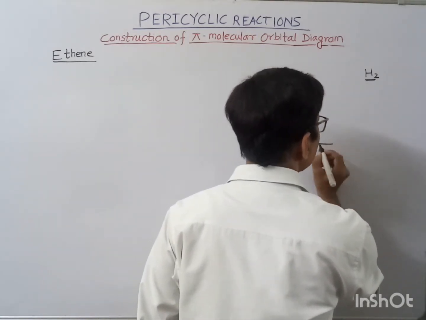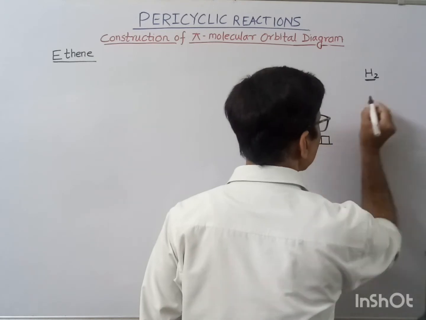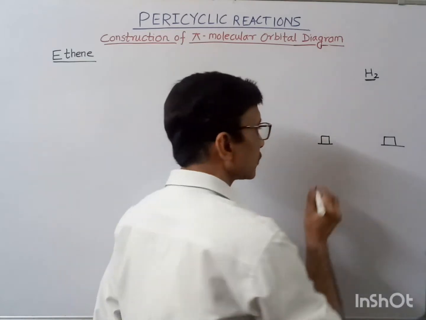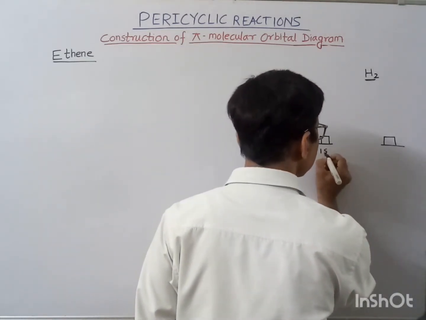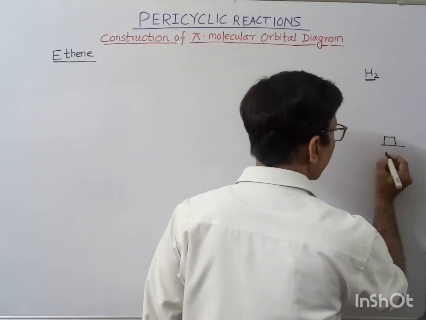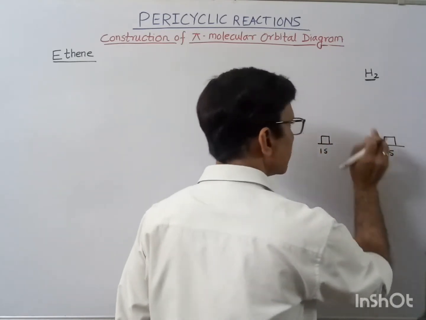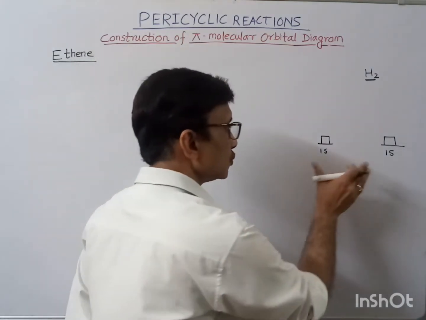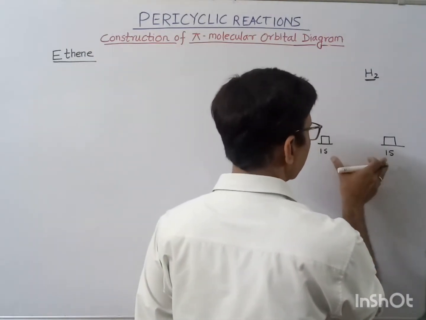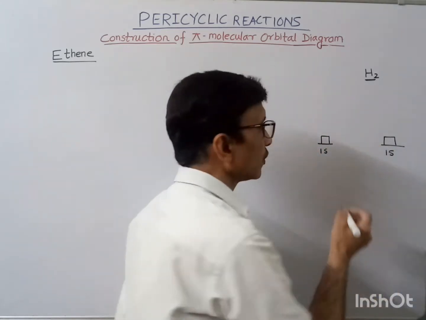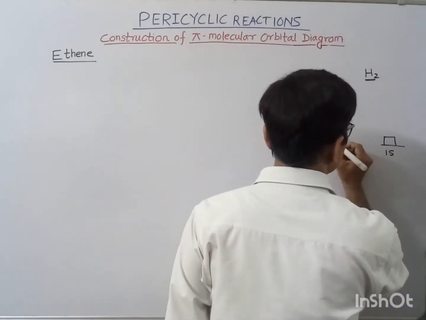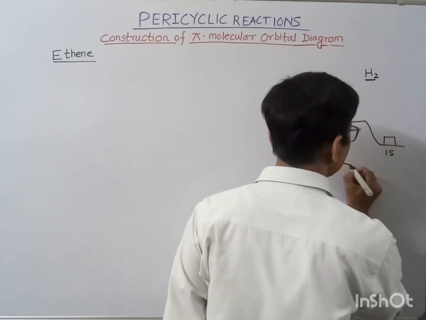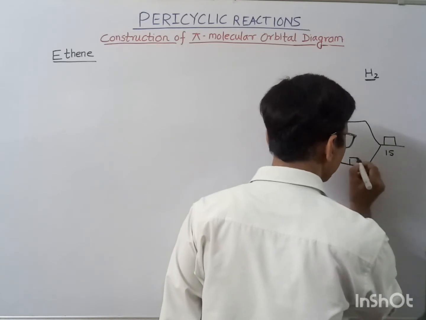We take 2 atomic orbitals, that is the 1s orbital of one hydrogen atom and the 1s atomic orbital of another hydrogen atom. These 2 atomic orbitals combine in a constructive way or in a destructive way. So if they combine, then we get 2 molecular orbitals.